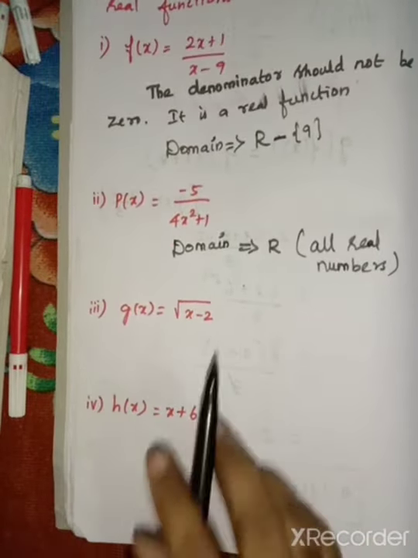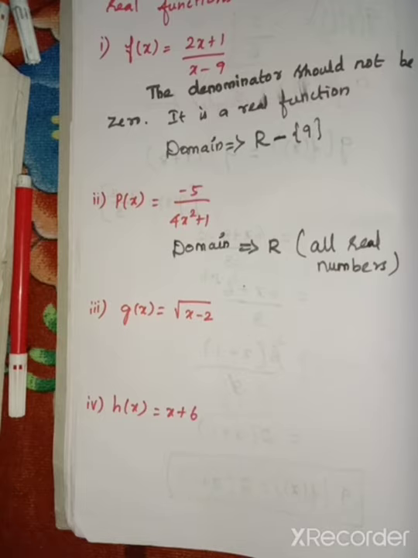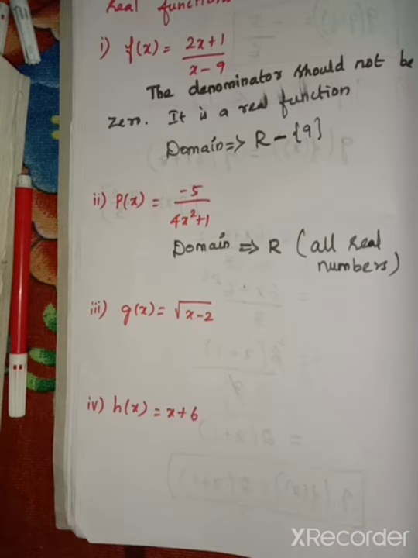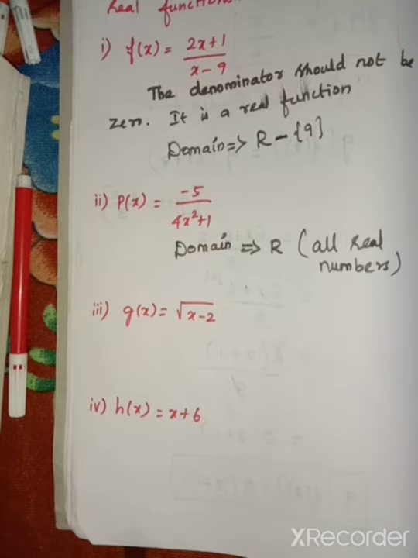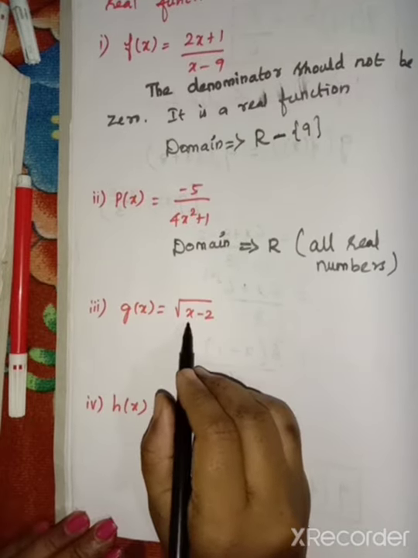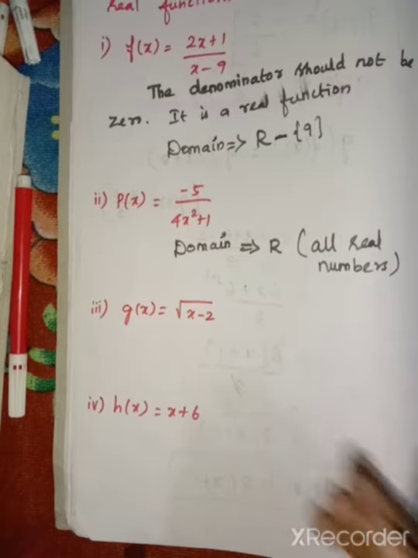Then we move on to the third one. G of x equal to root of x minus 2. Already we know that if you have a negative number under the root, like minus 2, minus 3, it is imaginary. Already I have told you that only in the complex function do we have values for the negative, not for the real numbers. So here if I put 2, we get 0, that is no problem.